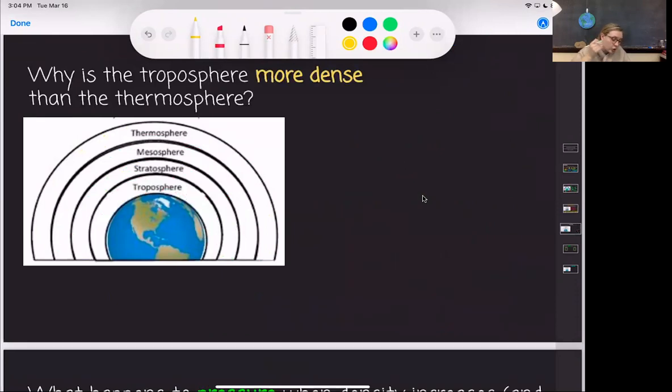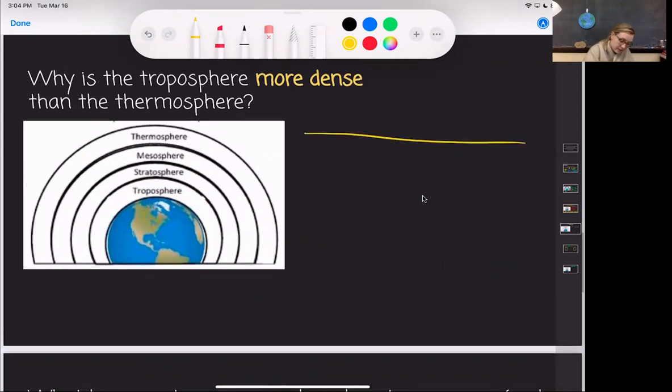So why is the troposphere more dense than the thermosphere? Let's compare those two layers of the atmosphere. The troposphere is the closest layer to Earth, and the thermosphere is the farthest.